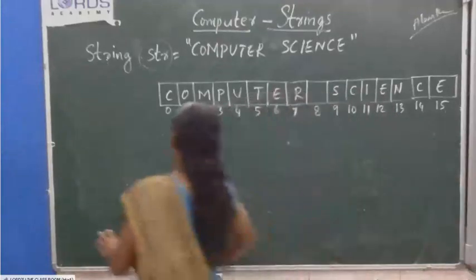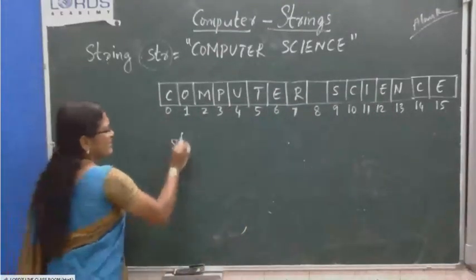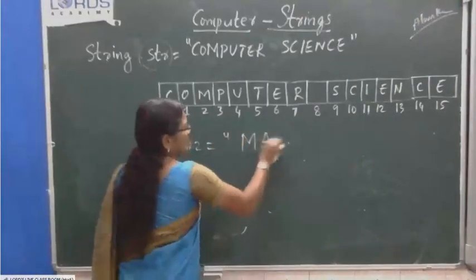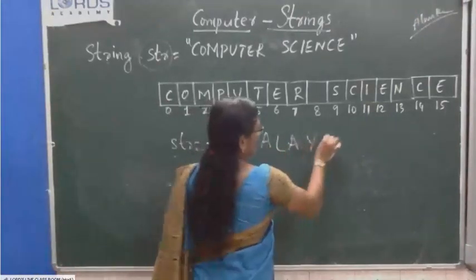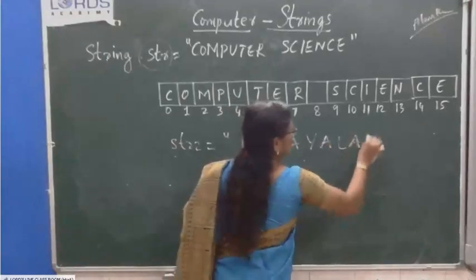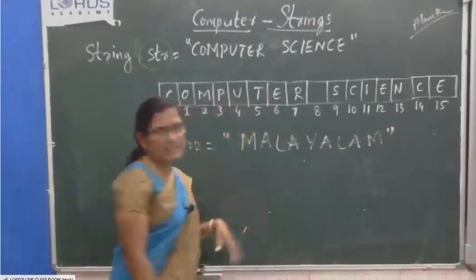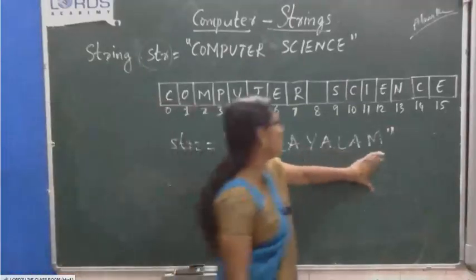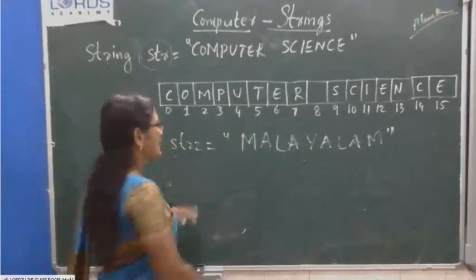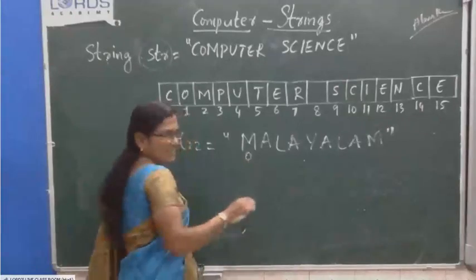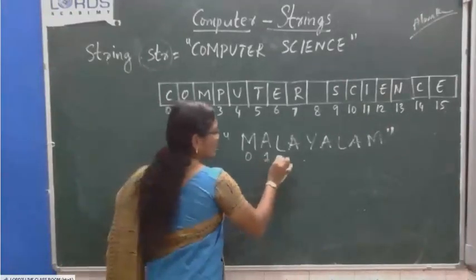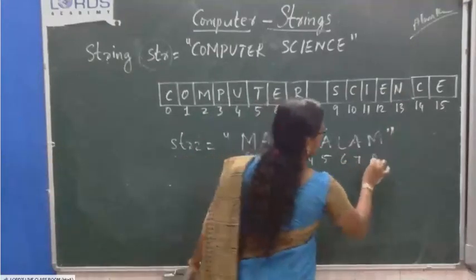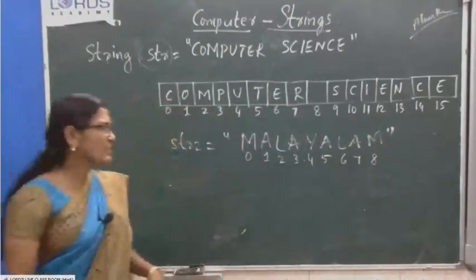Another string str2, I am assigning the word Malayalam. Look, in this, A is repeated a number of times. What are the index values of the different characters? First character index number is 0. Second character 1, 2, 3, 4, 5, 6, 7, 8. What is the length of the string?